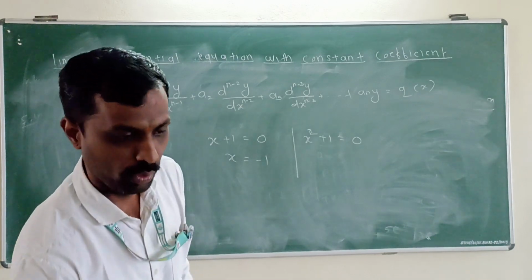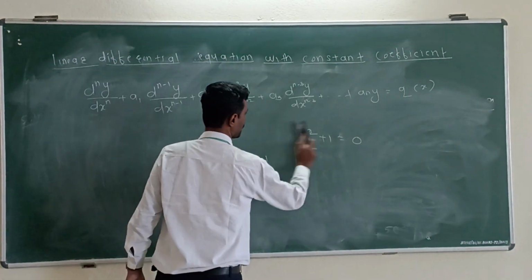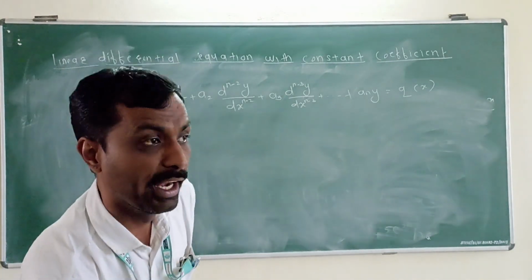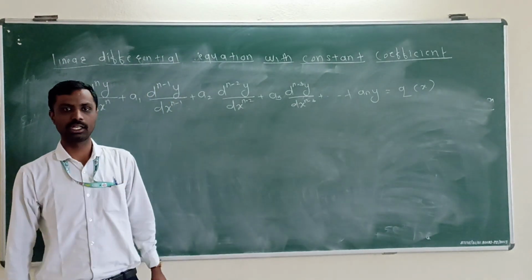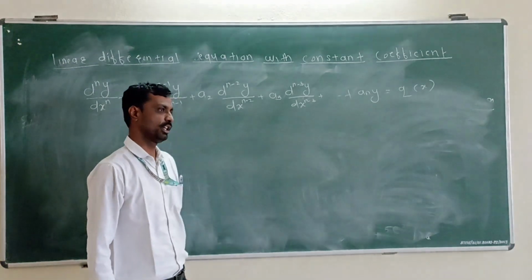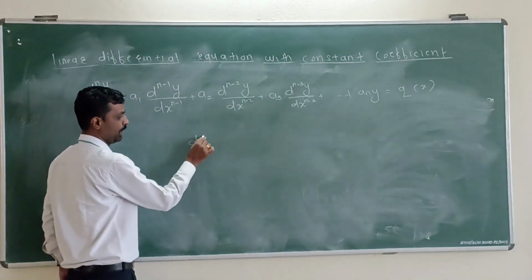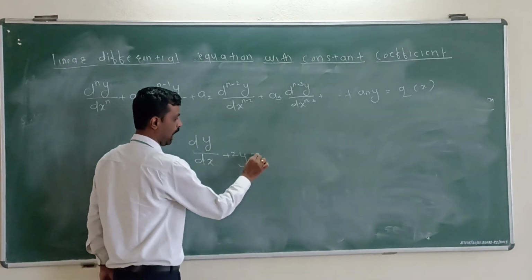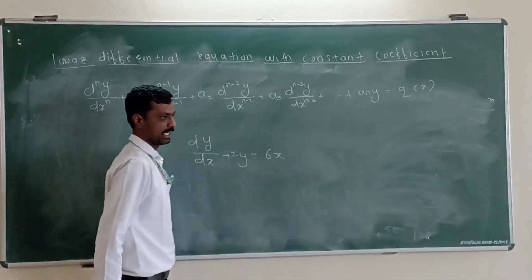Now we will see what is the meaning of a differential equation. An equation containing a derivative is called a differential equation. For example, dy by dx plus 2y is equal to 6x.